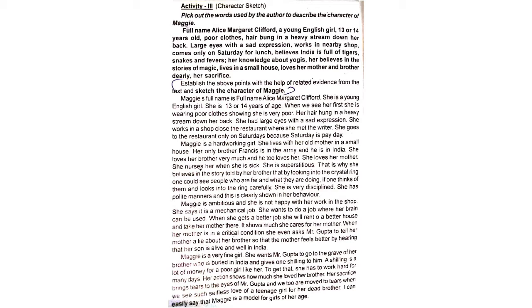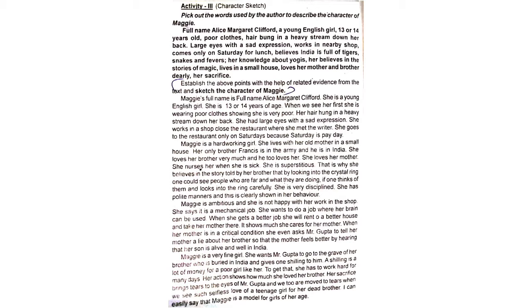When her mother is in a critical condition, she even asks Mr. Gupta to tell her mother a lie about her brother so that the mother feels better by hearing that her son is alive and well in India.